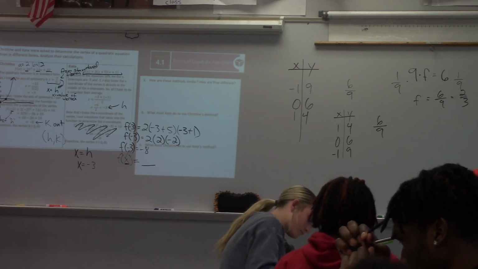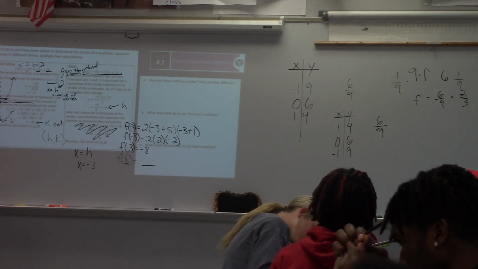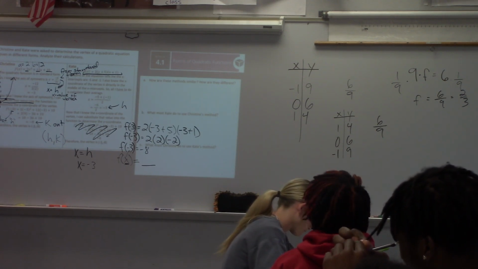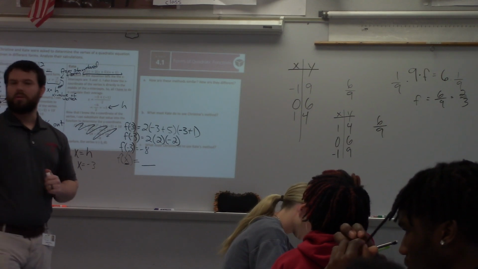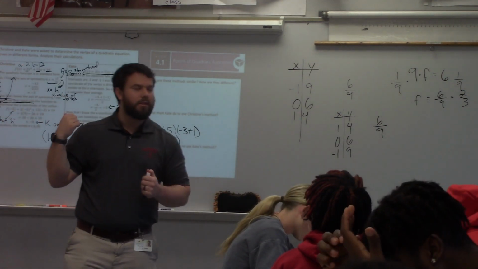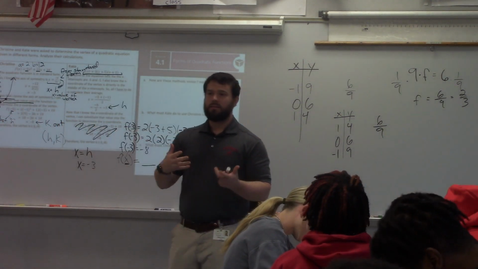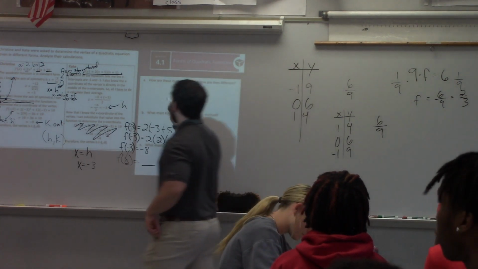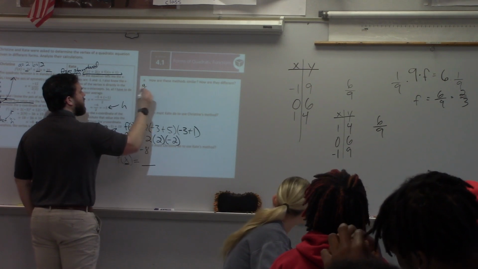What are they both doing? They're what? How are they finding the y-coordinate of the vertex? They first are determining the axis of symmetry, the x value of that vertex, right? So how are these methods similar?